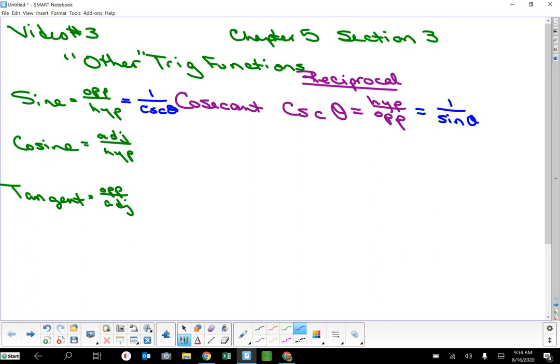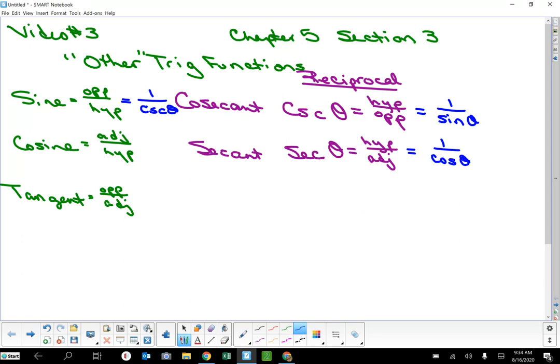that statement. Okay? And then likewise, the reciprocal of cosine is secant, S-E-C-A-N-T. Its abbreviation is SEC, so secant theta, and it is the reciprocal of cosine, so it's hypotenuse over adjacent. And if we can write it as hypotenuse over adjacent, then we can write it as 1 over cosine as well. So there's going to be an upcoming section where you're going to have to use some substitution a lot.